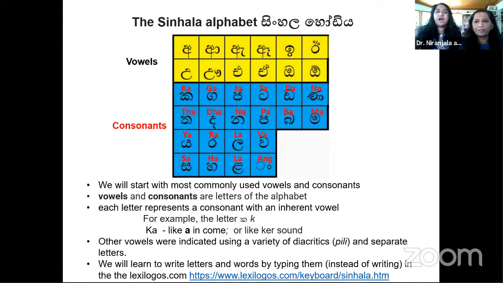If you're learning Sinhala, you'll see it in a grid. We're not going to go over that because it's a little bit complicated, but each of the lines here is based on how your mouth or your tongue moves when it's forming the word. So that's how it's organized, instead of just A, B, C, D. In Sinhala, when you're writing out the whole alphabet, you're writing it out in a grid.